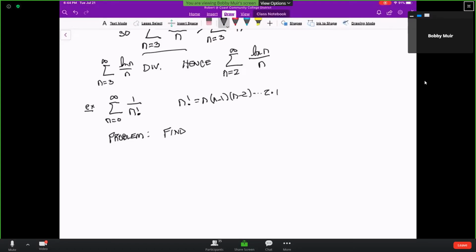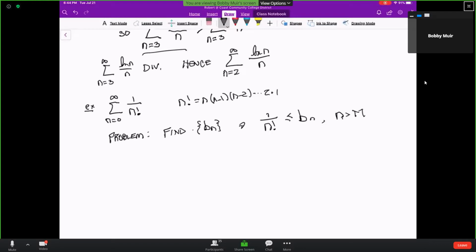The problem here is we need to find a sequence Bn such that 1 over n factorial is less than or equal to Bn for n eventually bigger than some number.